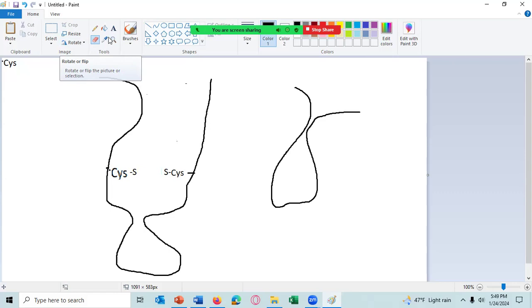And that is a covalent bond between the sulfurs of the cysteines. This disulfide bridge is a very strong bond. This is a covalent chemical bond, much stronger than a hydrogen bond.